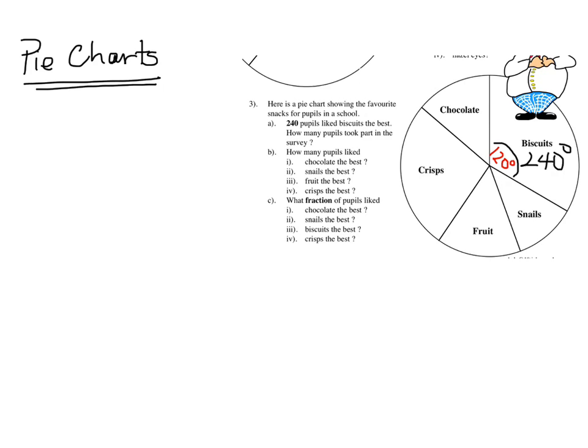And if I want to find out how much that turns out to be in terms of students, then I know I'll just do the inverse operation of 360 divided by 120 times that answer by 240, and that will give me the total number of students that did the survey.